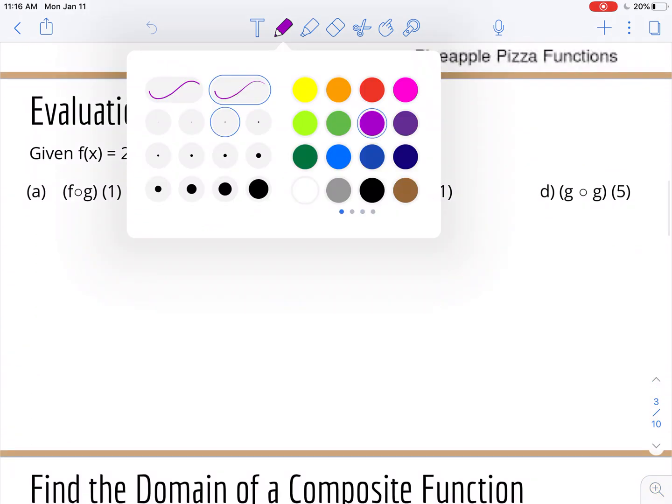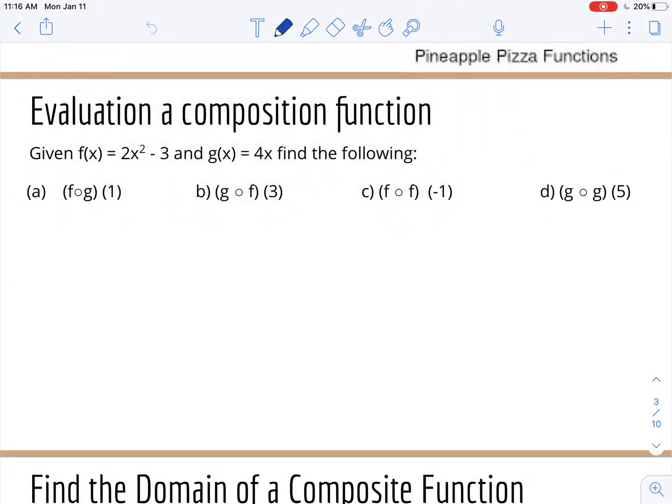All right, so, evaluating a composition function. For f of g of 1, the first thing we can do is find g of 1, which means I have 4 times 1. So g of 1 is equal to 4. Now I input that, and I have f of g of 1.